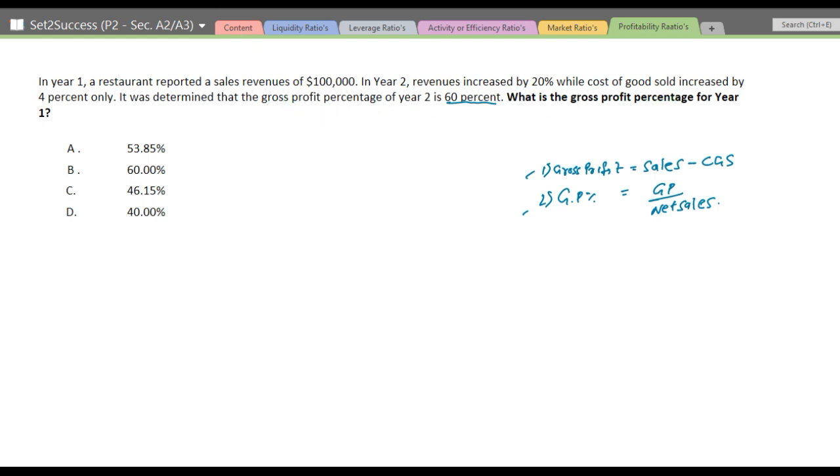So we have 2 years. We have year 1 and we have year 2. We have sales. The sales for year 1 is 100,000, which is given in the MCQ, but the sales has increased by 20%.